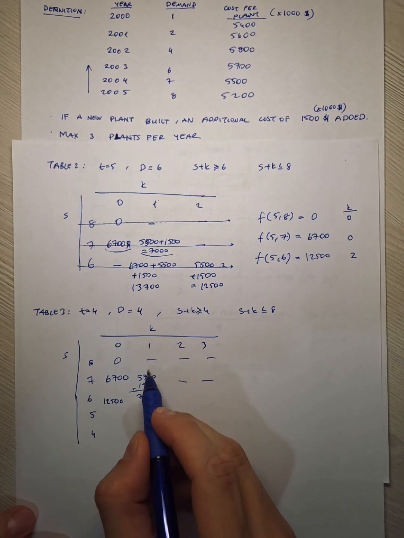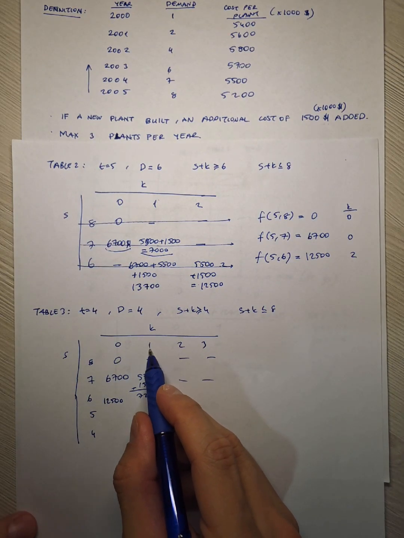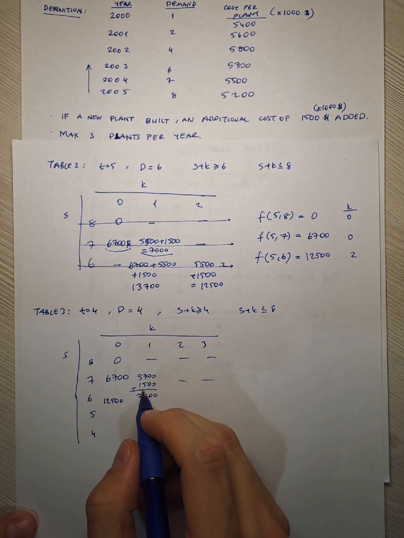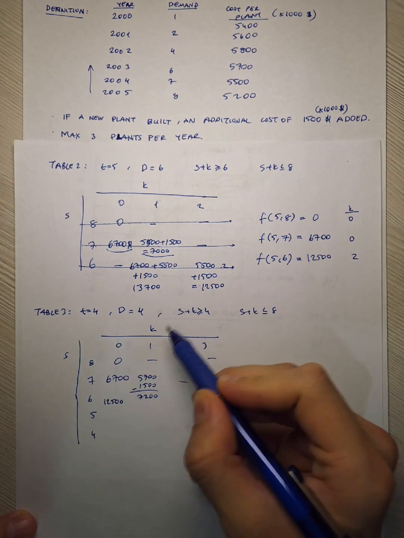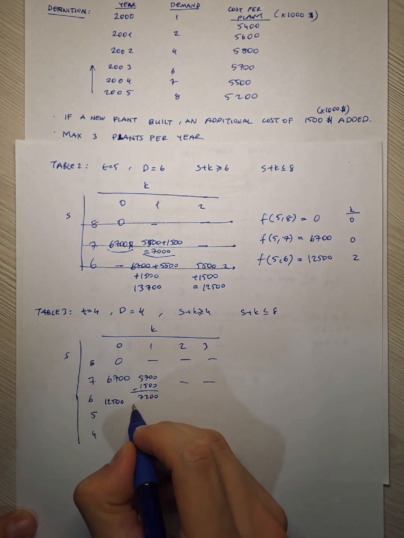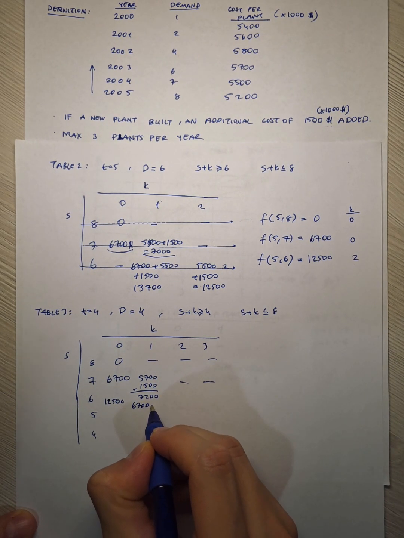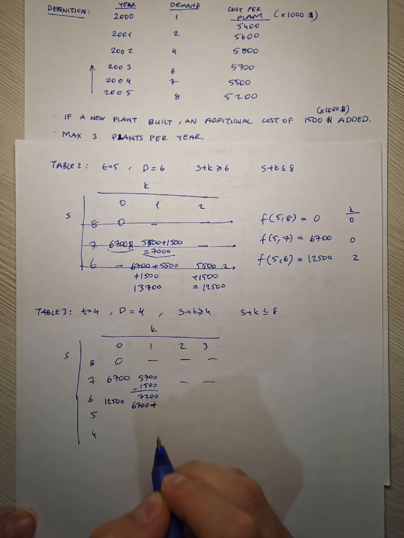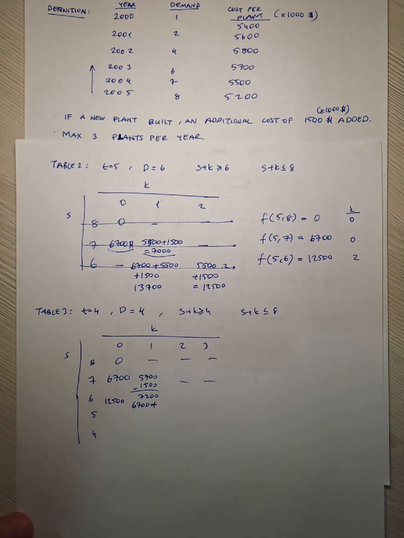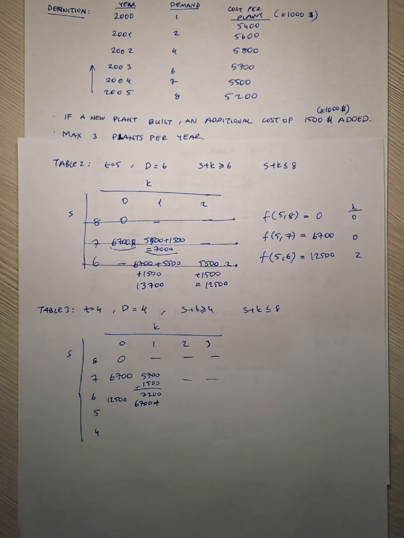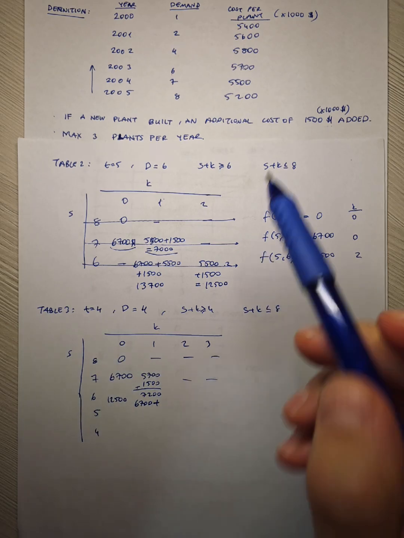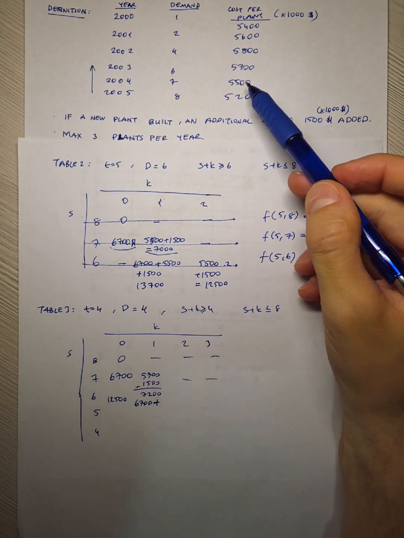Okay, so if you build 1, then at the end we will have 7, so we will need to spend this much money, plus we will pay for this new plant.